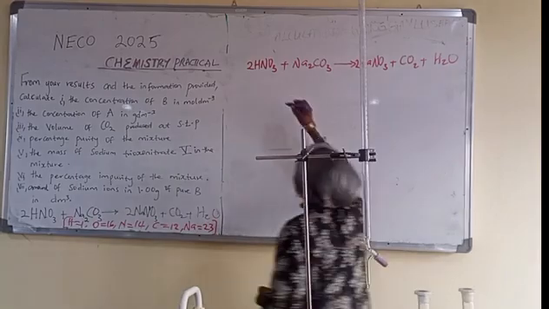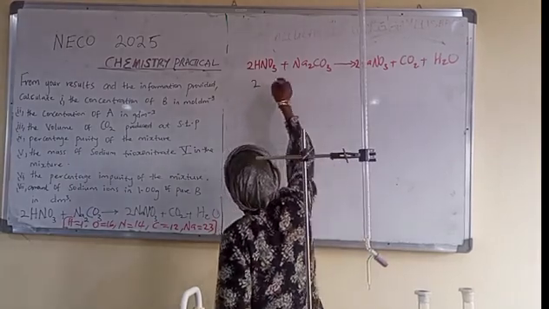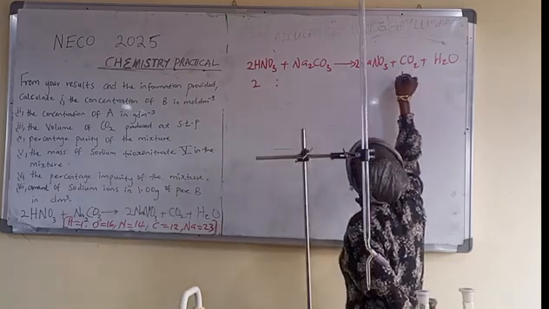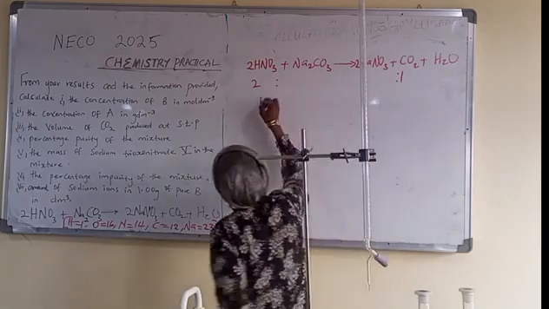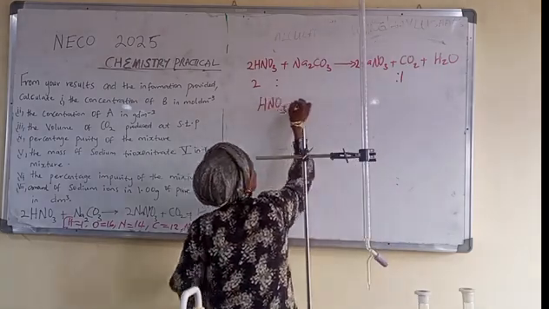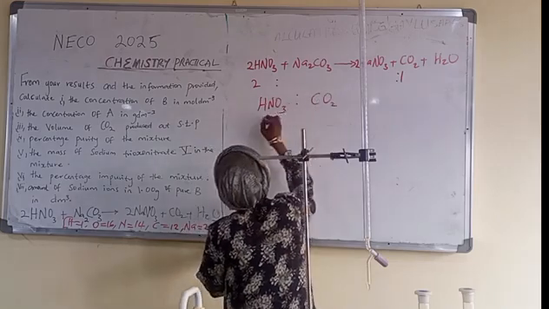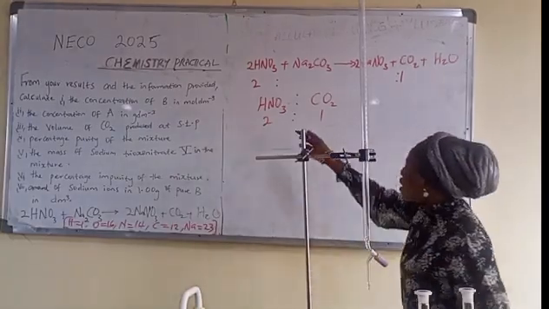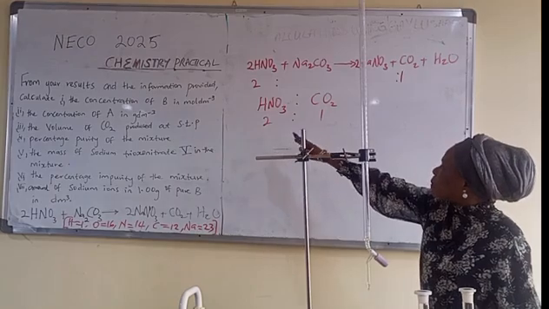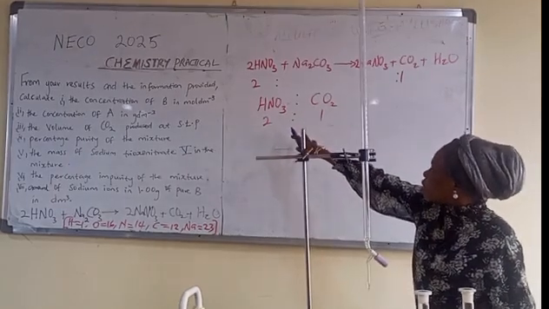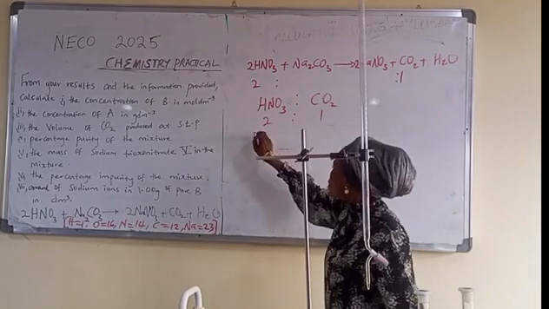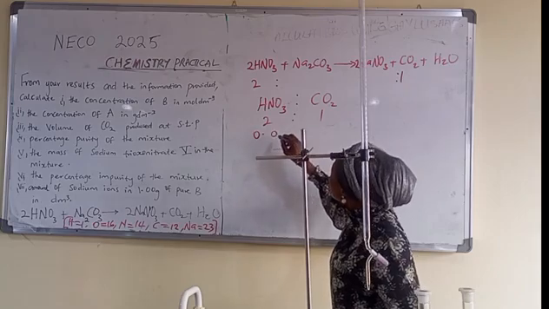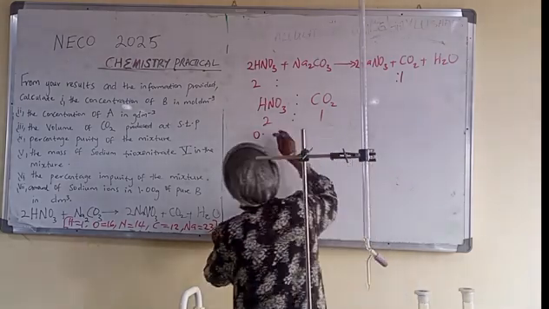Now, how do we go about it? If it's acid, we are using it as 2 ratio CO2 ratio 1. You see? So HNO3 to CO2 is 2 ratio 1. So what is the molar concentration of HNO3 that we got the other time? It's 0.1.